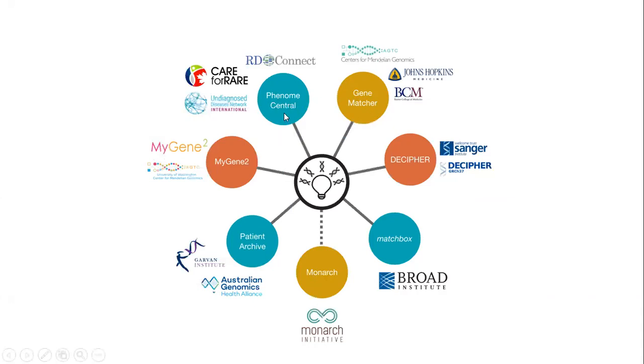We're now using, because of our association with the Undiagnosed Diseases Network International, something called PhenomeCentral. But they're fundamentally the same. Actually, MyGene2 is for consumers. You put a phenotype in, defined by those HPO terms I just described, and whatever genetic variant you have found.